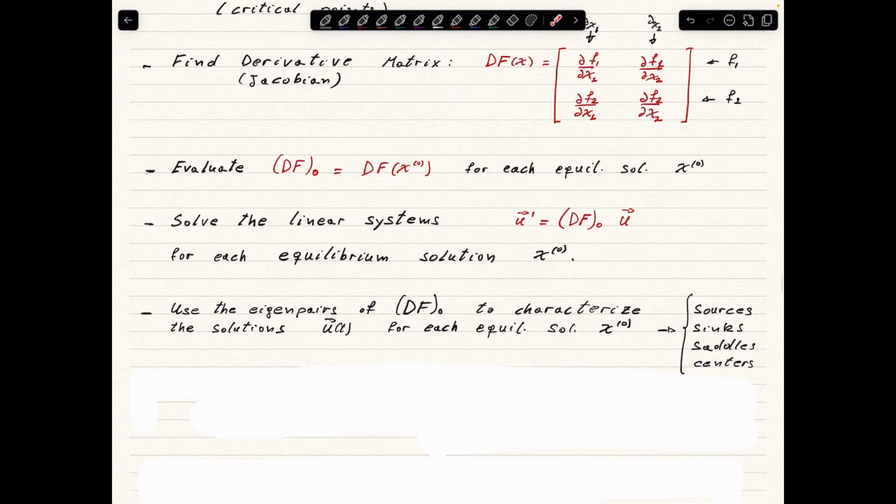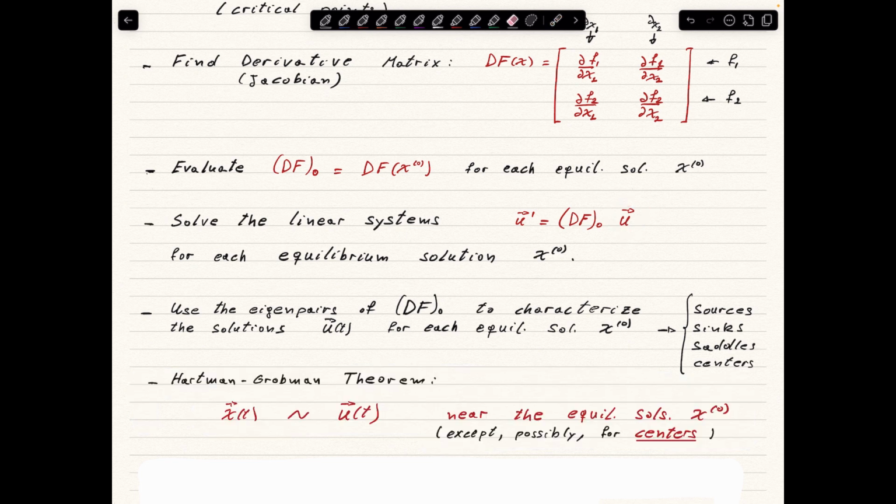And then once we know that, we are going to relate the behavior of the solution of the linear system with the behavior of the solution of the nonlinear system. And for this relation, there are many theorems that relate the solution of the nonlinear system near equilibrium solutions with the solution of the linear system.